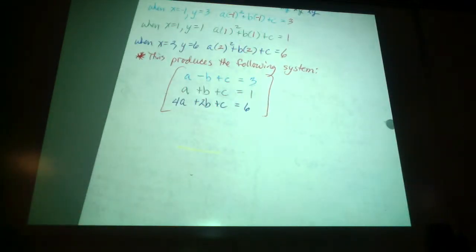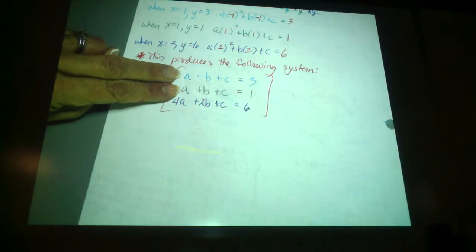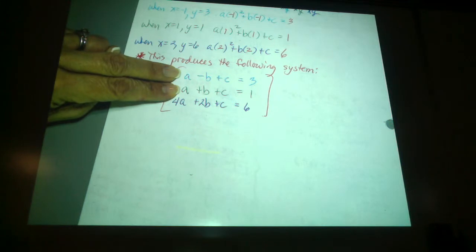Don't you know how to solve a system with 3 equations and 3 unknowns? Here we go. Now, you could choose to put it in row echelon form. That's fine. Or, oftentimes what I'll do is I'll try to get 2 equations that have the same 2 variables in them. So, for instance, if I added those 2 equations, won't the b's drop out? So I'd end up with an equation that has a's and c's in it.